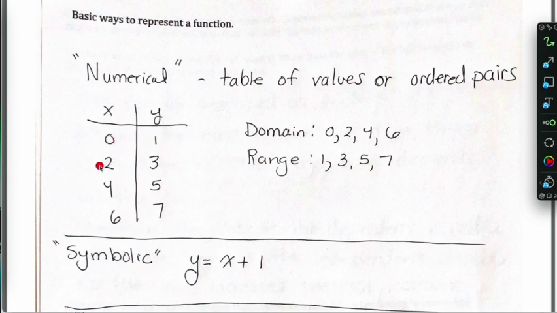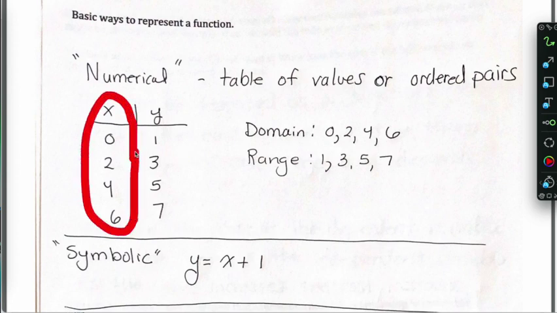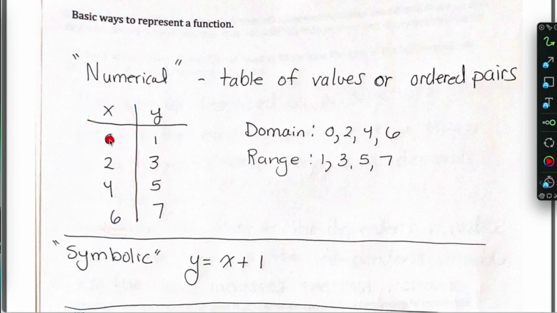This 2 is being mapped to this 3. This 4 goes with the 5, and the 6 goes with the 7. So if I was looking at the function as just these values in the table, I would say my domain is the set of all my inputs, which is 0, 2, 4, 6. My range is the set of all my outputs, or my y, so that'd be 1, 3, 5, 7.